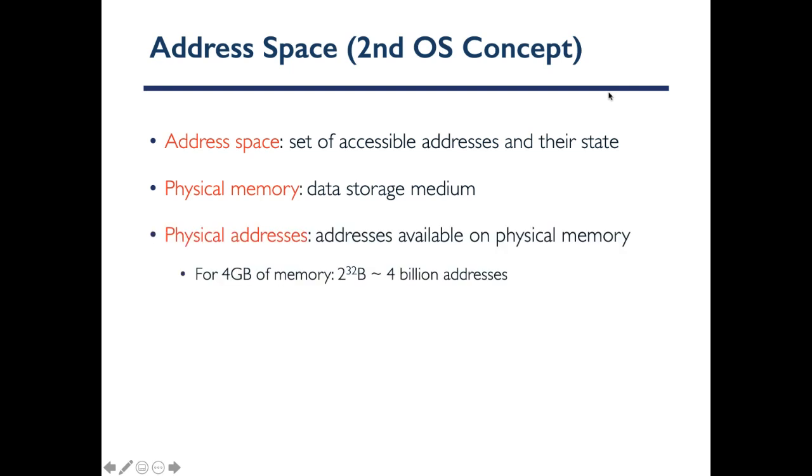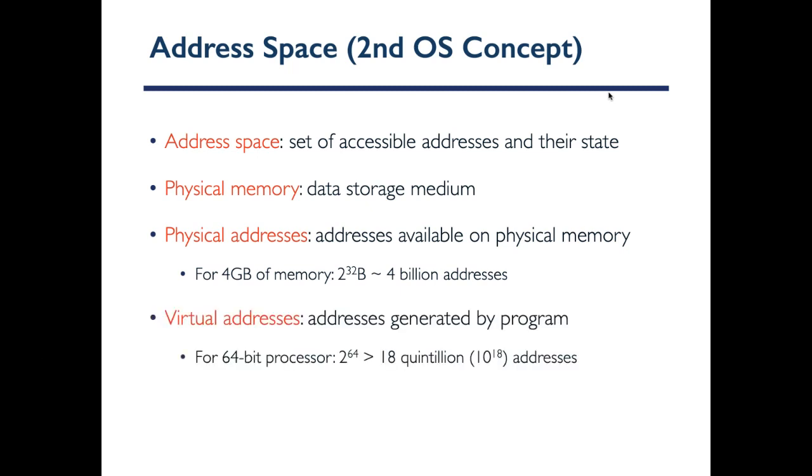Anyways, every gigabyte is 2 to the 10 megabytes, every megabyte is 2 to the 10 kilobytes, and every kilobyte is 2 to the 10 bytes. That's how you get 2 to the 32 bytes, which is basically 4 billion addresses. Now, another thing here is virtual addresses.